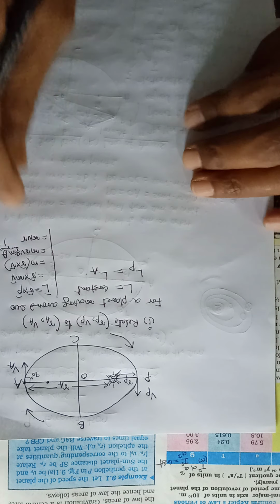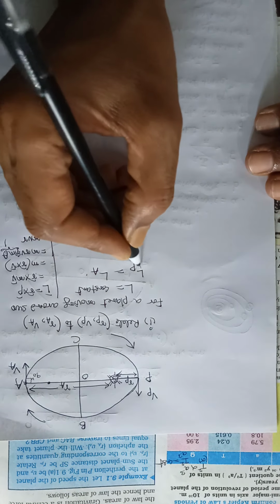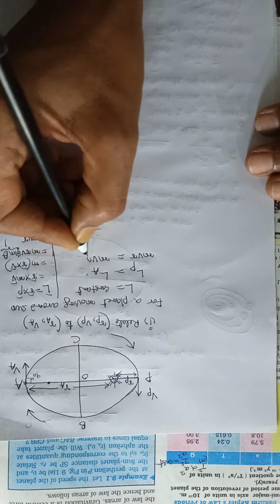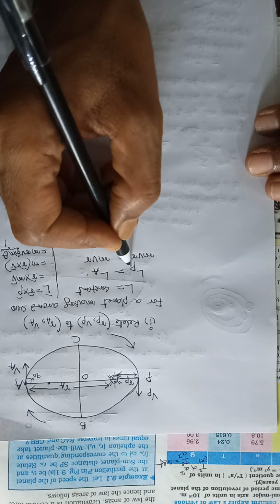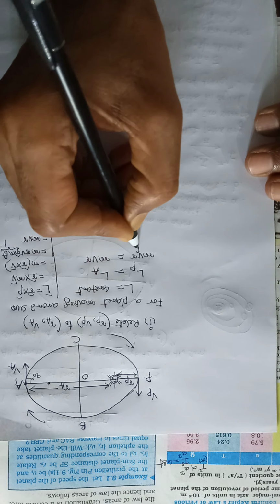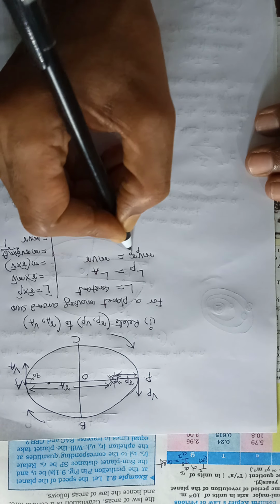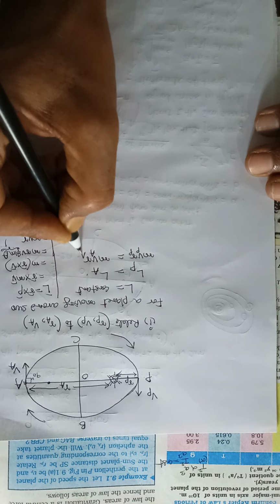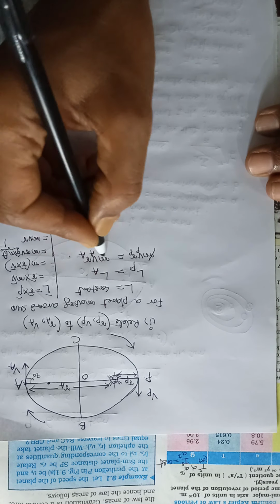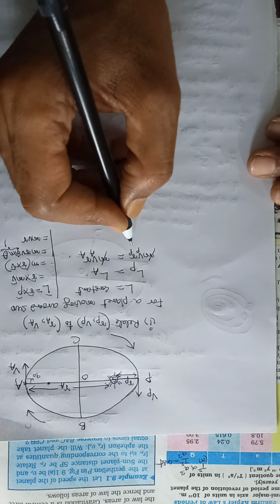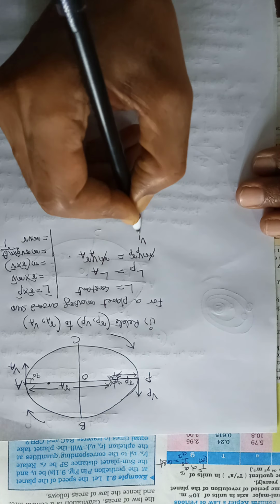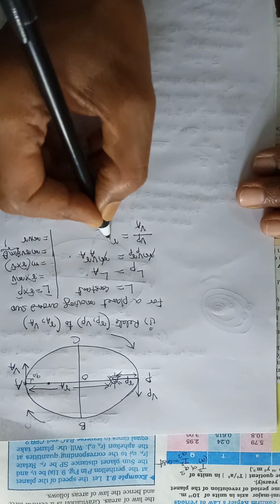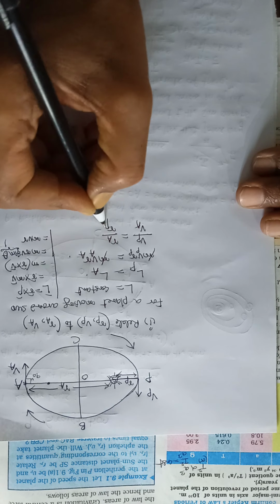L is equal to MVR. At perihelion point, its velocity is Vp and distance Rp. At aphelion point, velocity Va and distance Ra. M gets cancelled. And now Vp by Va is equal to Ra by Rp.